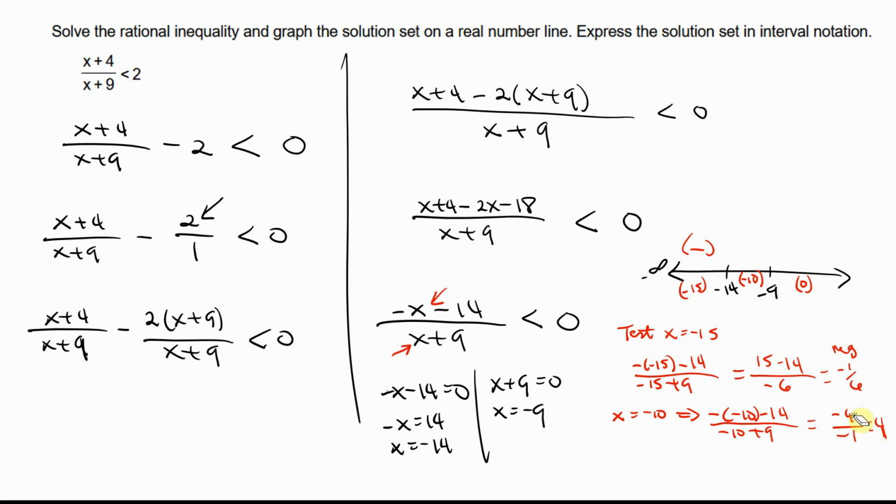Anyway, it's positive. All you want is the sign. Then we test 0. That's easy. 0 minus 14 over 0 plus 9. Negative divided by positive is negative.